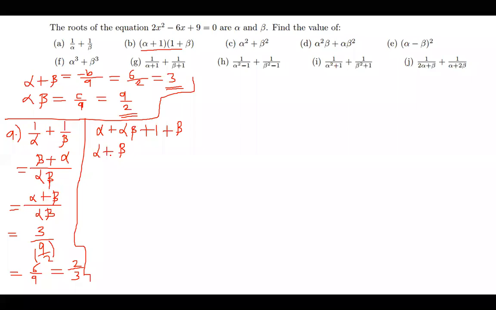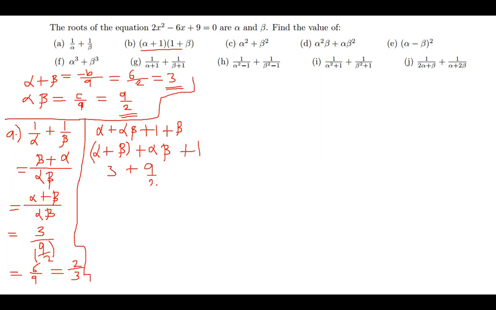So at least I have my alpha plus beta there, and I also already have my alpha beta there, and then plus 1. Where there's alpha plus beta, I'm going to put 3, and where there's alpha beta, I'm going to write my 9 over 2, and then plus 1.